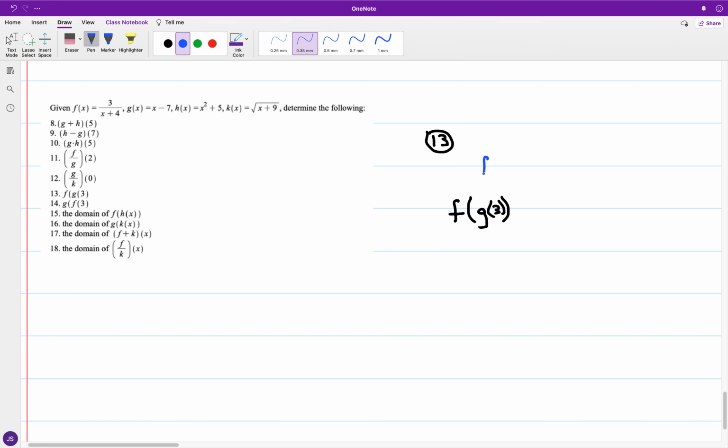And again, for f of the input, we have 3 over the input plus 4. Now for f of g of 3, I'm looking at 3 all over g of 3 plus 4.